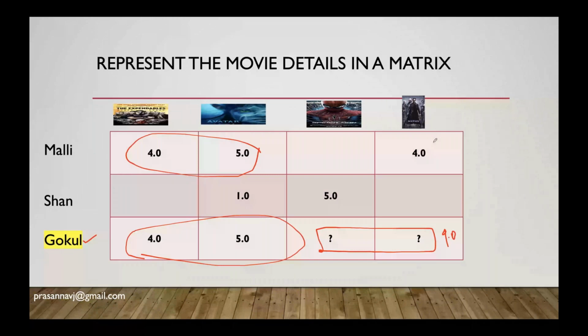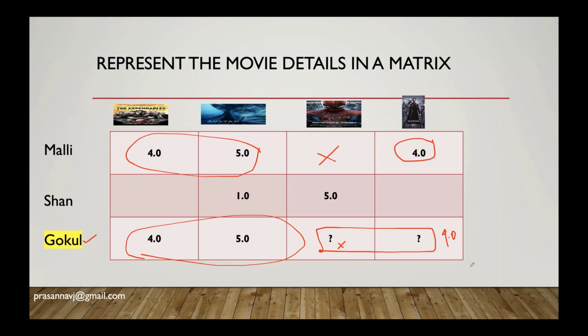Here the other problem is, I don't have any equivalent person who has watched Spider-Man, so I will not be able to tell whether I can recommend it to him or not. So we need to see how we can solve both of the problems. Now we're going to look at how collaborative filtering helps in solving it.